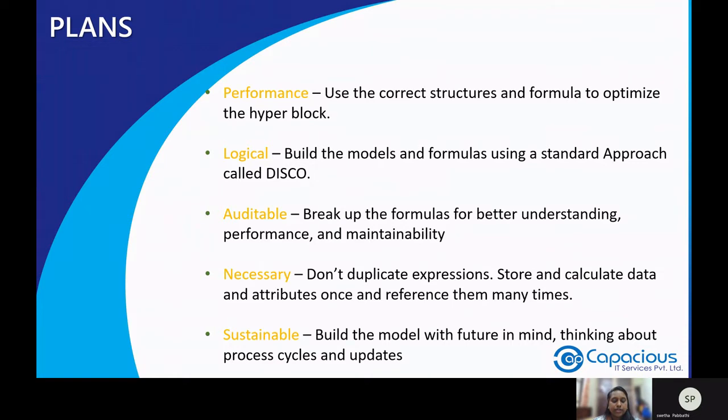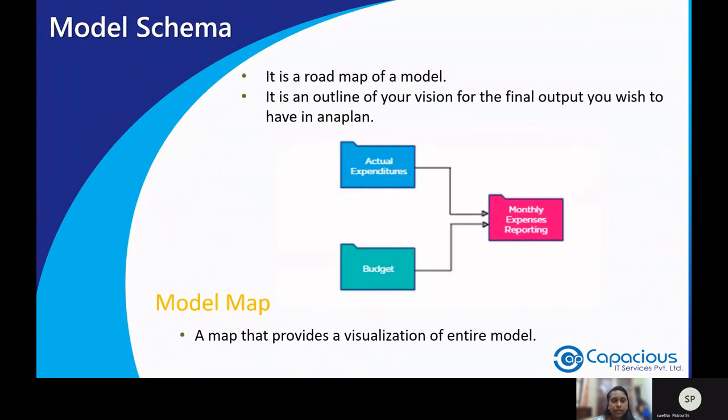Sustainability means it builds the model with the future in mind, thinking about the process cycle, and it updates the data or any performance changes made in the model. In this way, it uses PLANS.